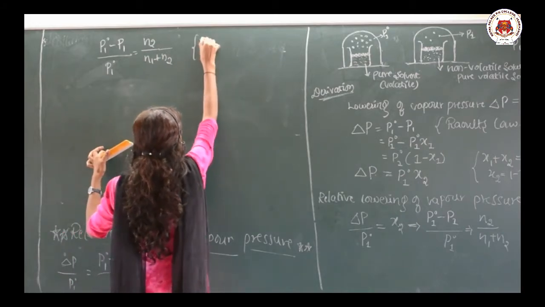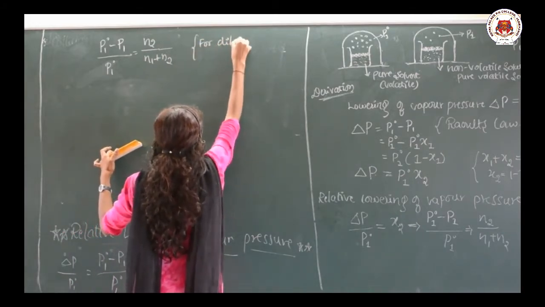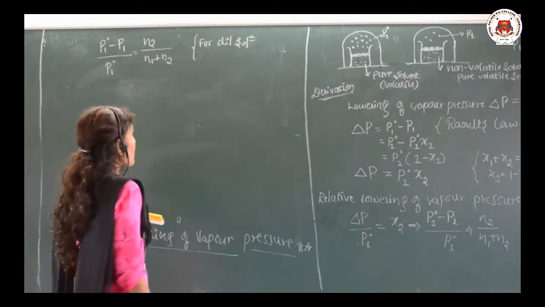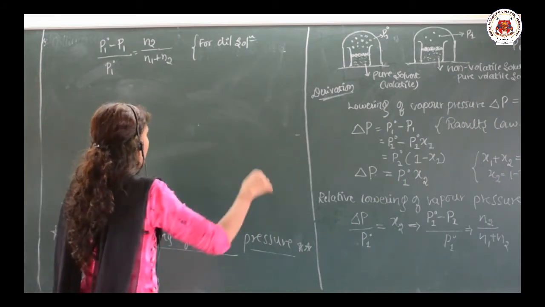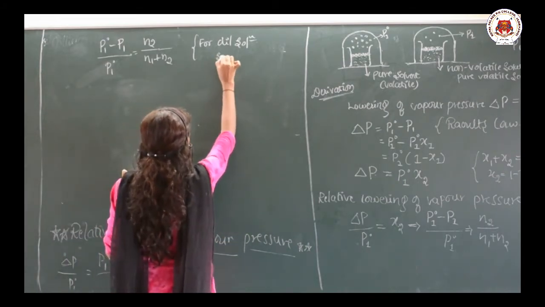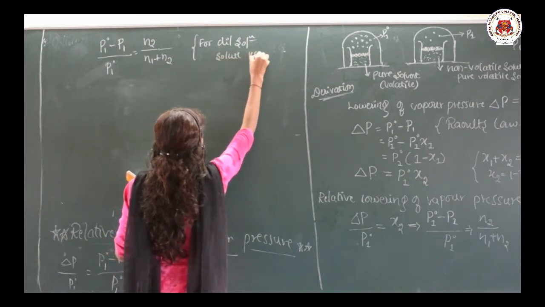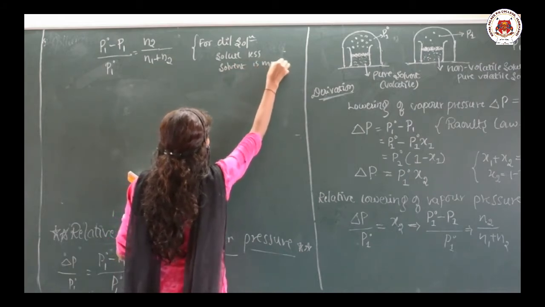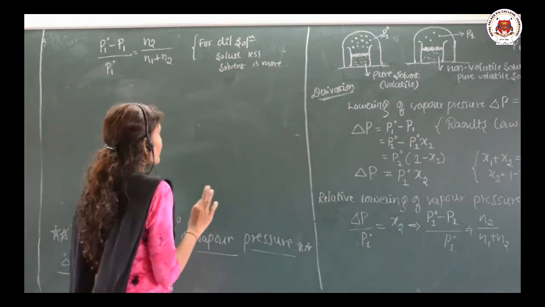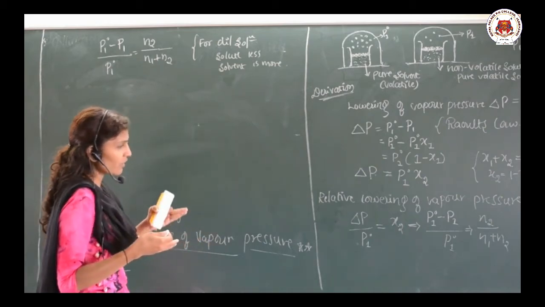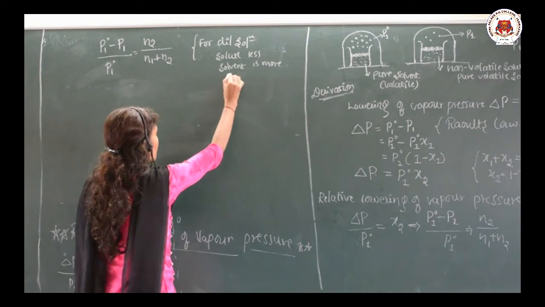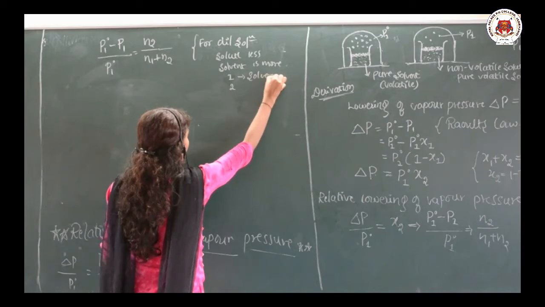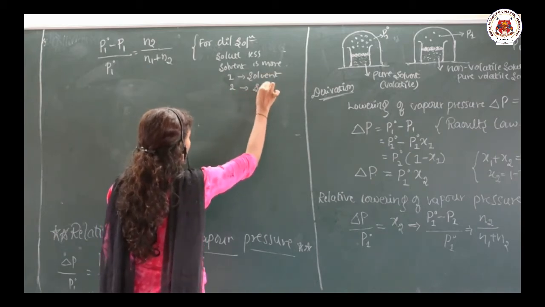But for a dilute solution, what happens? We are going to take the solute as less while the solvent is more. So always keep in mind, whatever calculation comes here, you have to remember the numbers. Number 1 is always for the solvent and number 2 is for the solute.